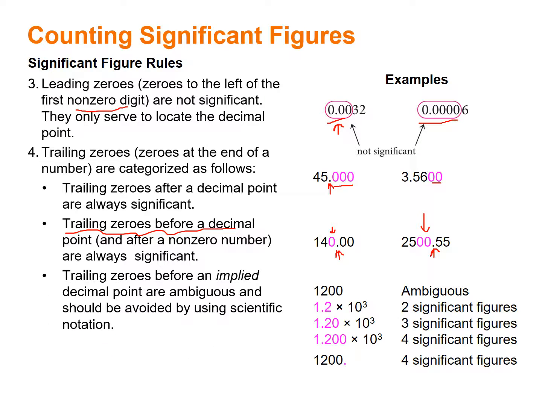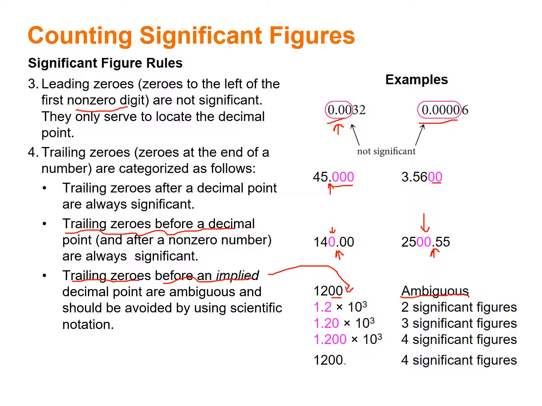If you have a trailing zero and you didn't explicitly write out the decimal point, so see here, I don't see any dots here. There is no point after the 1200. So there is no decimal point. That is ambiguous. You would have to have these zeros in order for it to be 1200 as opposed to 12.